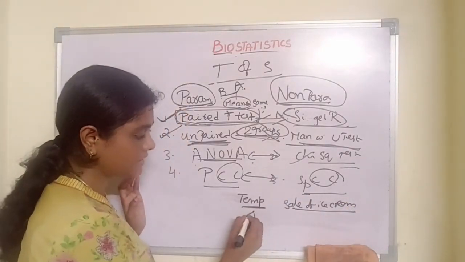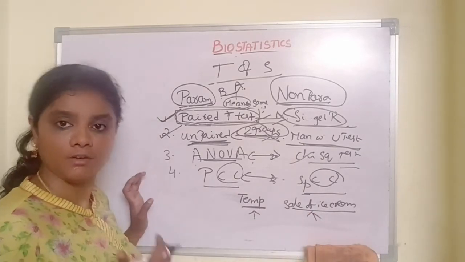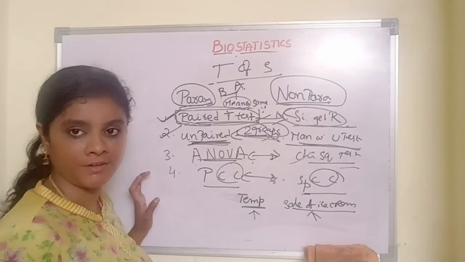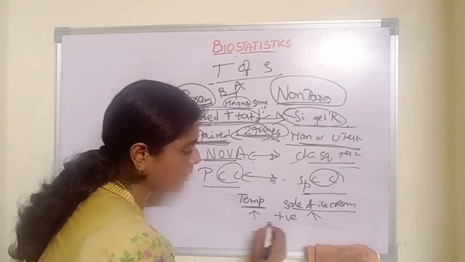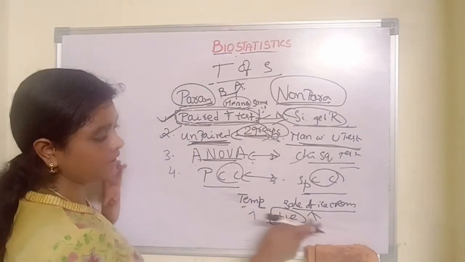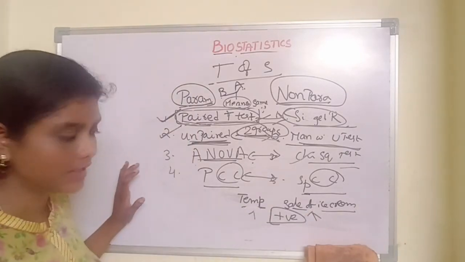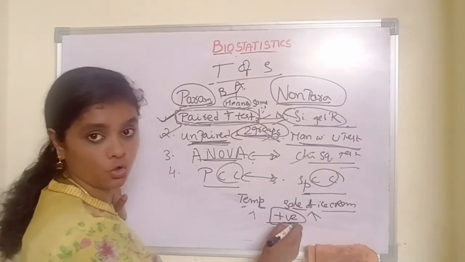If temperature is increasing, sales are increasing. When it is very hot, we obviously feel like having an ice cream. So there is a positive relationship between rise in temperature and sales of ice cream. This is known as a positive correlation coefficient.